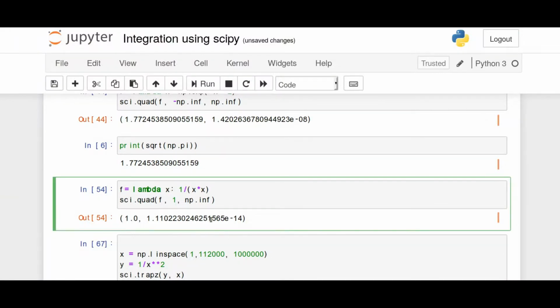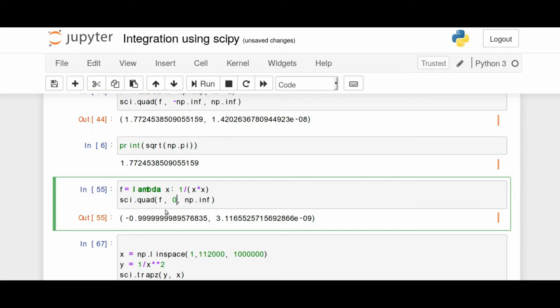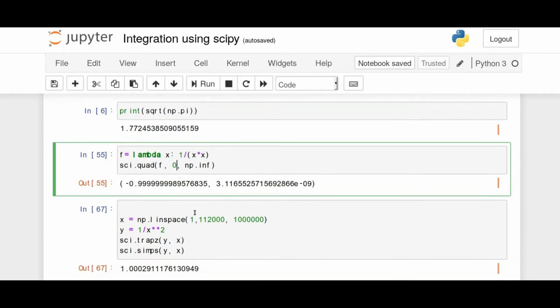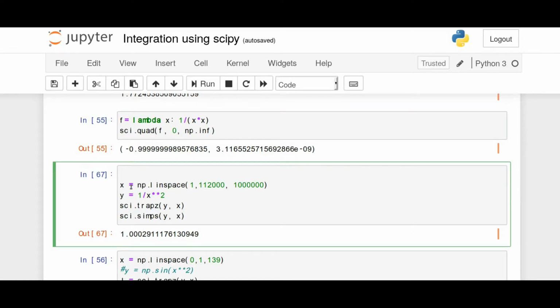And if it is 0, it calculates something, and you check what happens. There are other ways of calculating. Supposed to be the same thing we want to calculate with the trapezoidal and Simpson methods. I have to create an array of x and y, and the array goes from 1 to a large value.